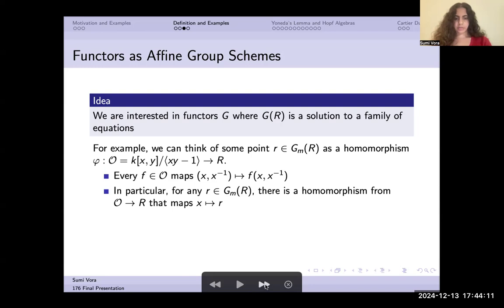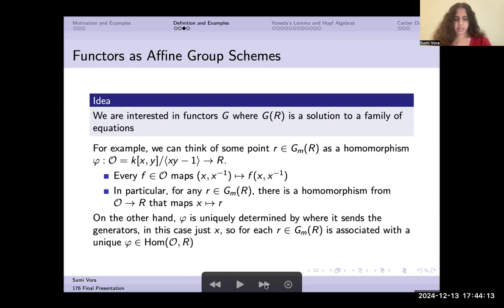Also, if you think about it on the other hand, x is the only generator in O, because x depends on y, or y depends on x, I guess, there's a unique phi that maps x to r.